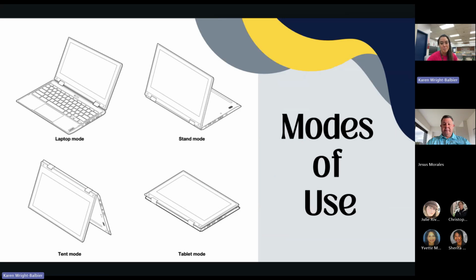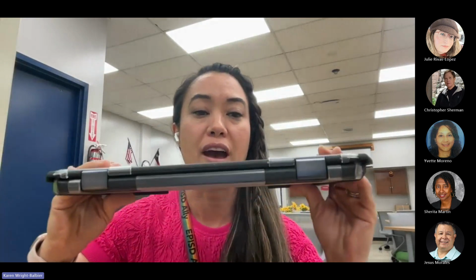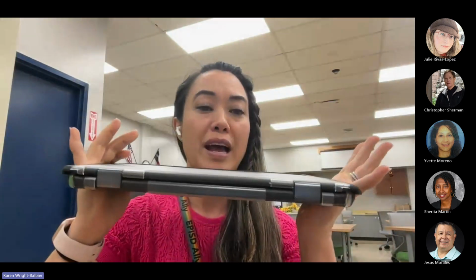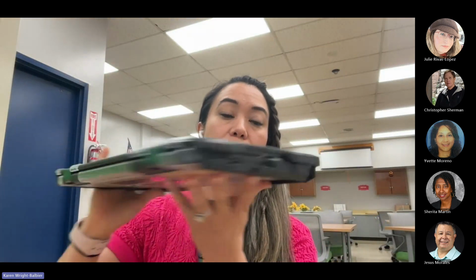So some of the cool things about the new student Chromebook is they actually have 4 device modes. The modes of use would be laptop mode, stand mode, tent mode, and tablet mode. I'll take myself out of sharing mode real quick to show you what I mean. I have the student Chromebook that students were issued last school year, so they have a cover on it. And of course, we advocate for students to always leave the cover on the device, right?